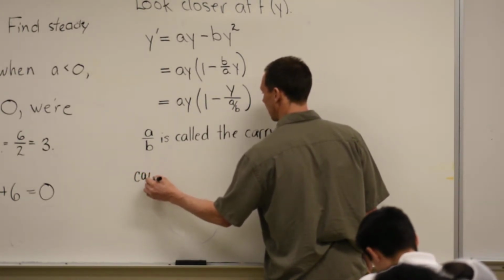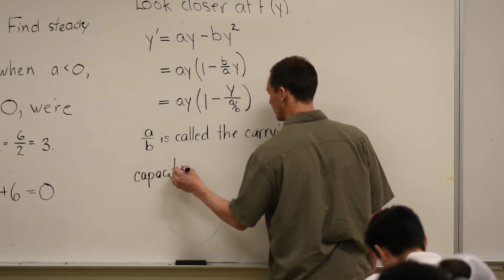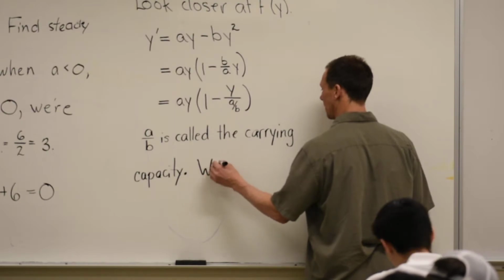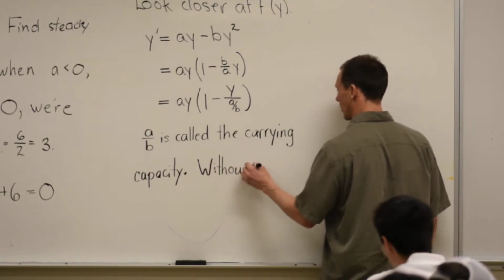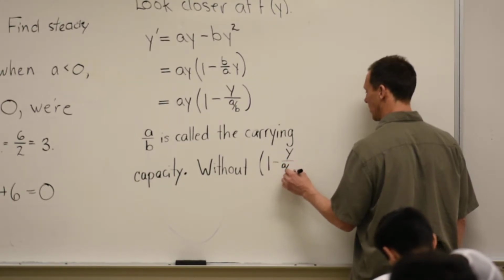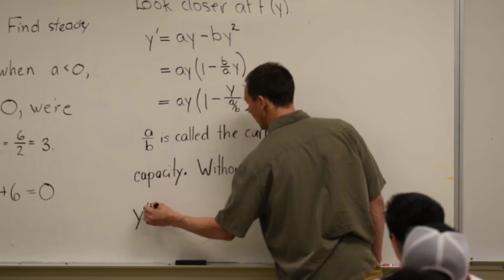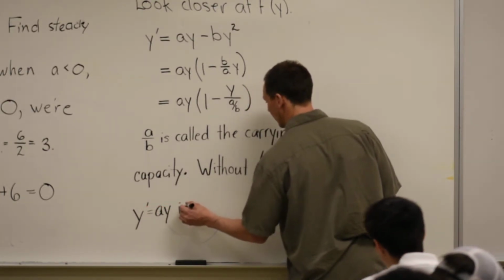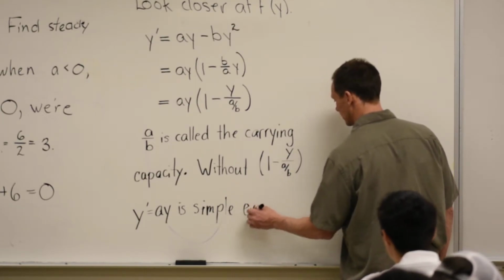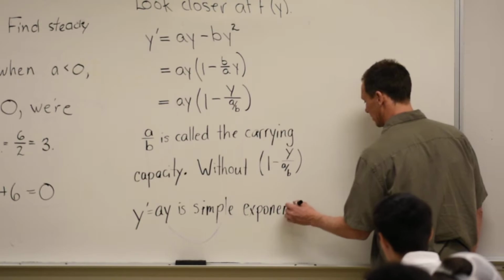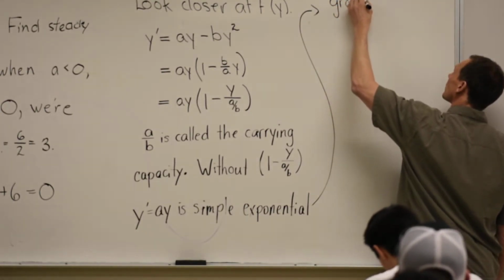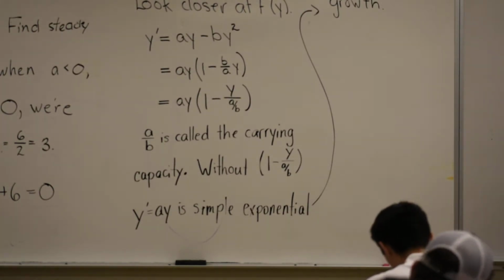Without the 1 minus y over a over b, y prime equals a y is simple exponential growth. Simple exponential.